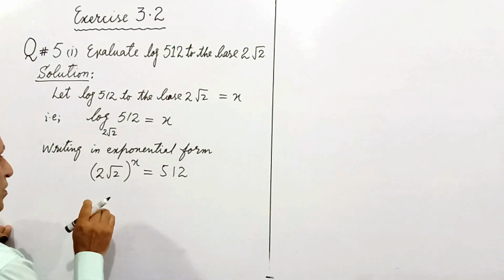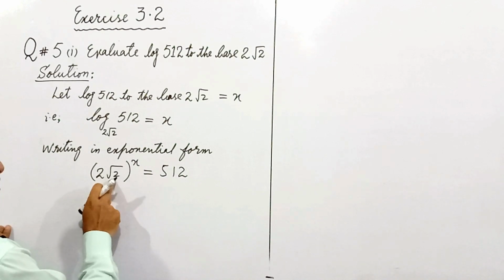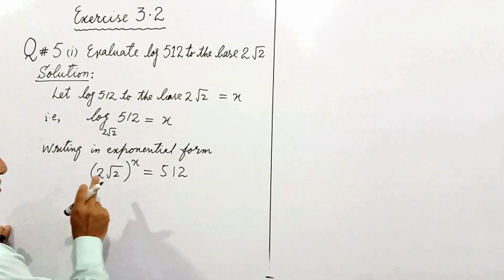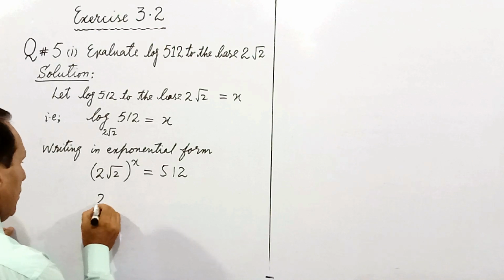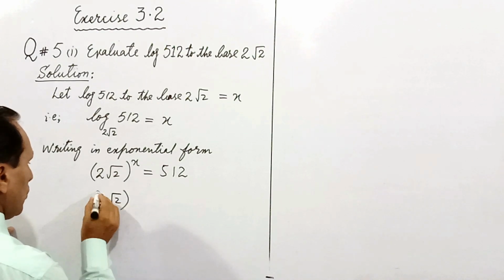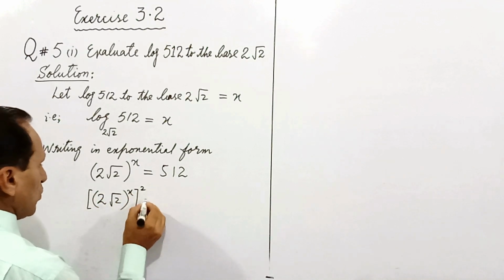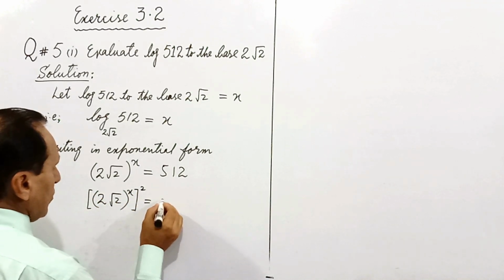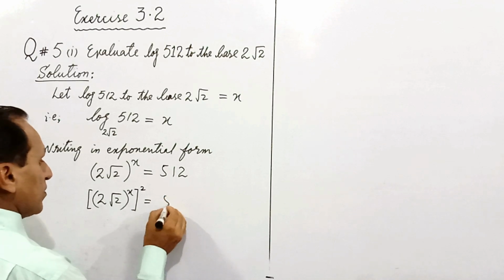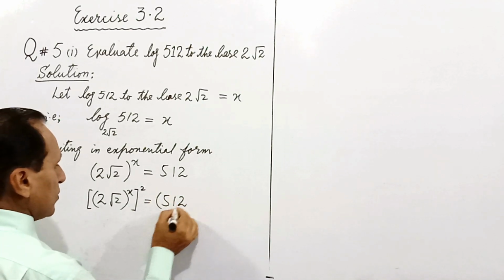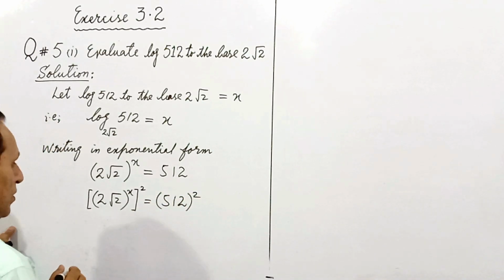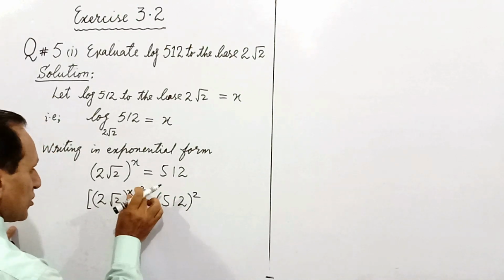So to deal with radical form, we have to take its square. 2 under root 2 whole power x whole power 2, and we take the square of the other side, that is 512 whole square. According to the laws of exponent, we can switch their position.